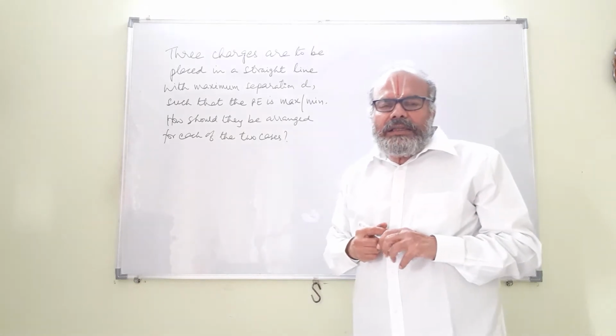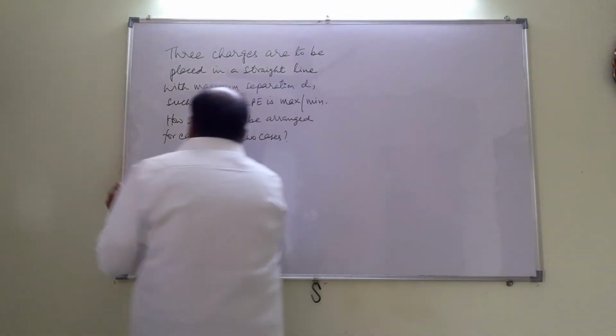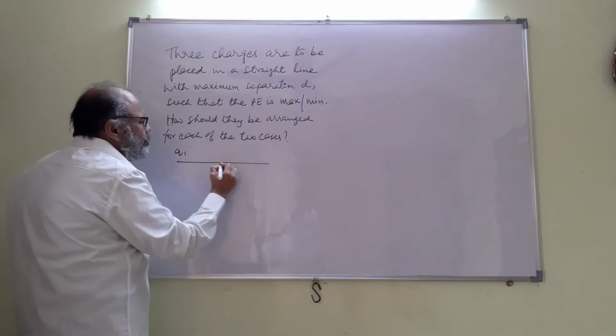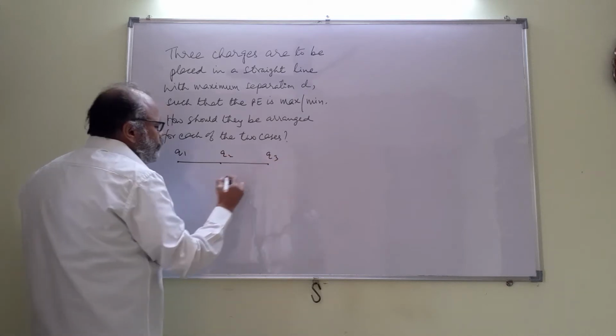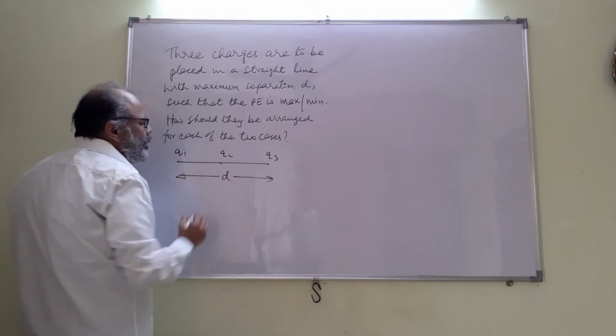Let us say the three charges are Q1, Q2 and Q3. So I'll put Q1 here, Q2 in between and Q3. This is the distance d.